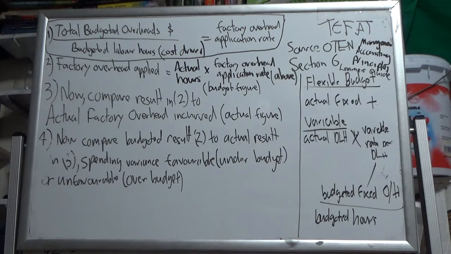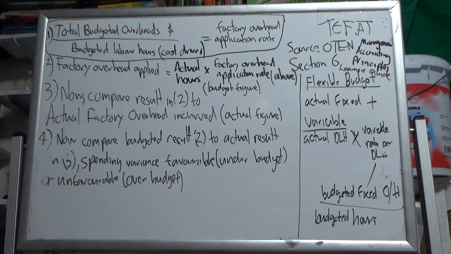The alternative methodology is first find variable rate per direct labour hour, which is budgeted variable factory overhead divided by budgeted direct labour hours in the denominator. Now you find the actual variable overhead by the rate and the step I just mentioned multiplied by actual direct labour hours. Okay, the cost driver. Now you add the existing fixed factory overhead to variable overhead, which makes sense to get total flexible budget costs, all right?